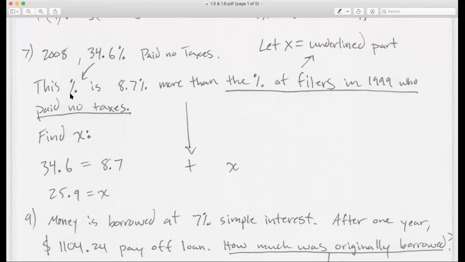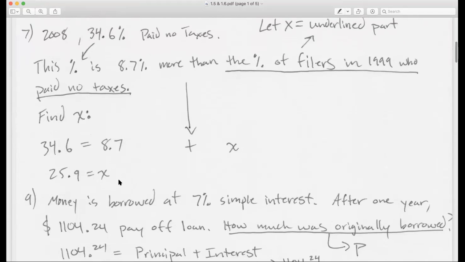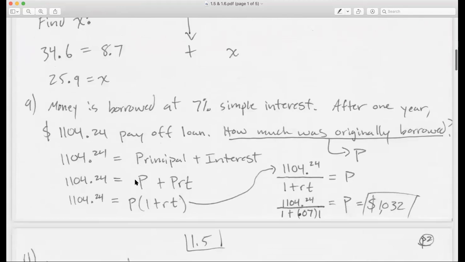This percentage was the 34.6, so I dropped that down here. Is means equals. 8.7 comes here. More than means plus, and then all of this underlined represents x. So then I solve for x to get 25.9, and that's a percentage. So that's how I came up with the answer there.